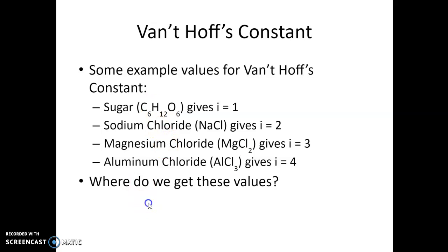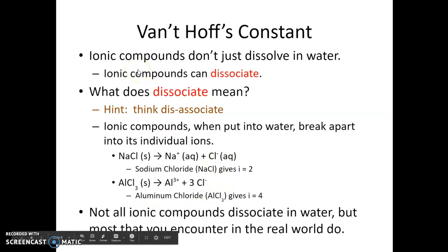So where do we get these values? Ionic compounds don't just dissolve in water. There's a difference between what ionic compounds do and what covalent compounds do. Ionic compounds actually dissociate in water. What does dissociate mean? That's a fair question. Dissociate means that they're distancing themselves from each other.